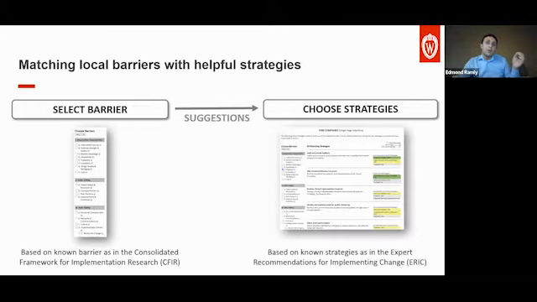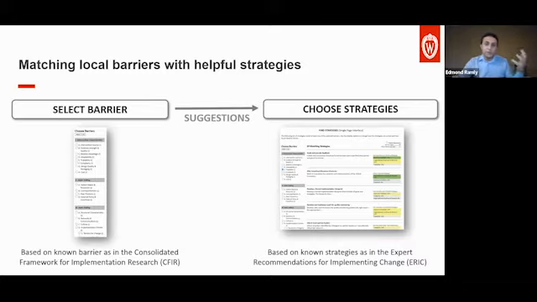And then there are known strategies. So one of the better established ones is called ERIC, the Expert Recommendations for Implementing Change framework, and it's a list of 73 strategies.